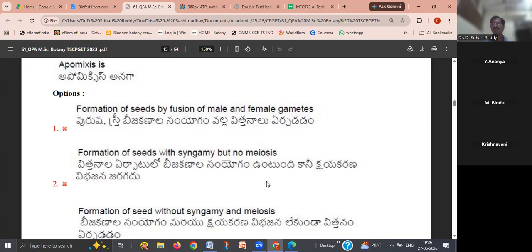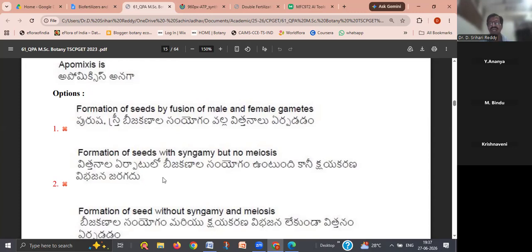Three megaspores degenerate, and one remains as the functional megaspore, which undergoes three successive mitotic divisions to form the female gametophyte with eight nuclei. That we know. But in some cases, what happens?